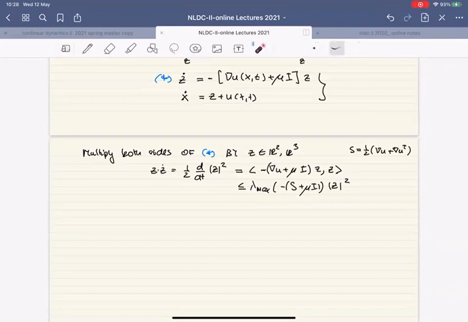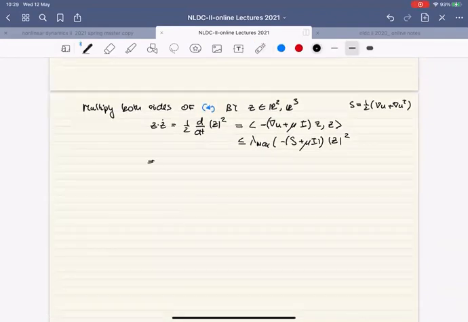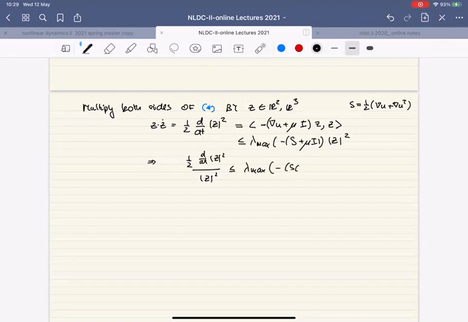Okay, so this is a differential inequality, which one can integrate by dividing both sides by z norm squared. I'll just do that formally because it's been a while since we did something like this. So this is d by dt of z norm squared divided by z norm squared less than or equal to lambda max of minus S(x,t) plus mu I, and that's it.